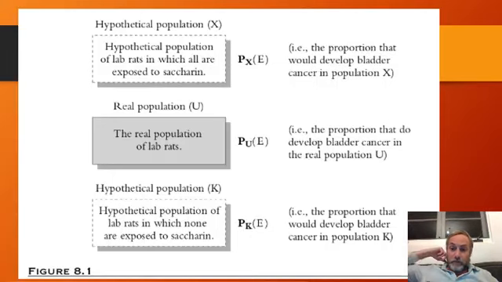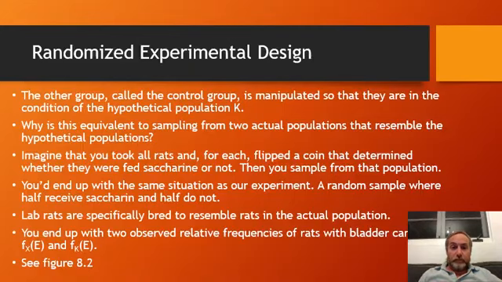So here's the diagram. There's the real population in the gray box, and then X and K are the hypothetical populations we were talking about before. The control group, as I said, we put in the condition of the K population; it doesn't get the causal factor at all.